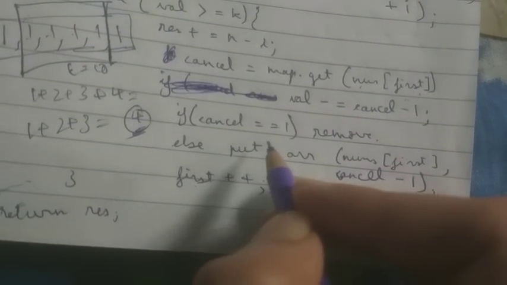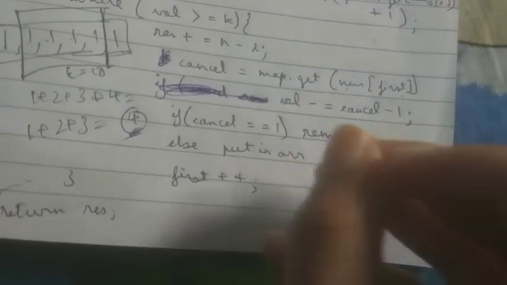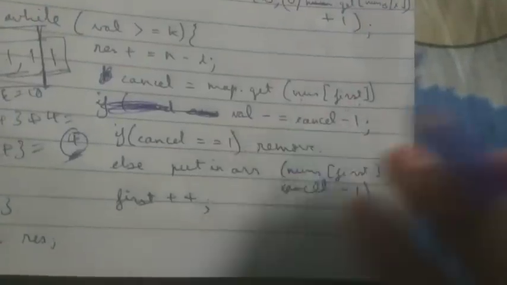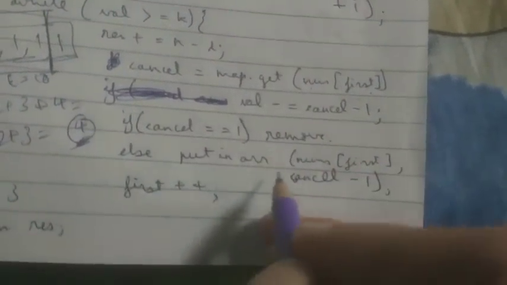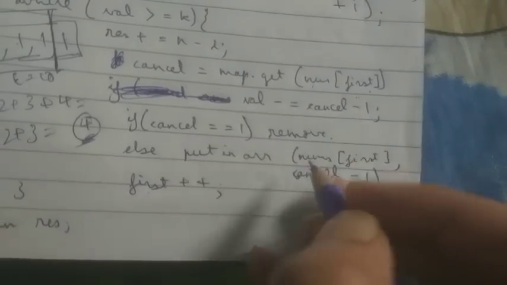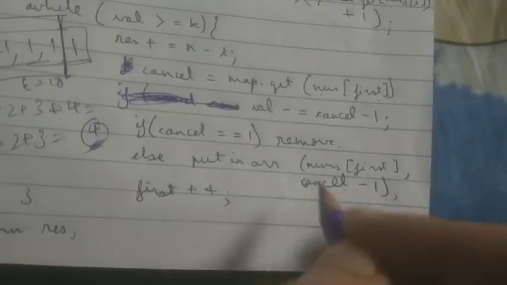Now if cancel is equal to 1, we can remove it, because we don't need to keep the frequency if it's 0, right? We can remove it directly. So if cancel is equal to 1, then remove the mapping, else put in the map nums[first] and cancel minus 1, that is decrease its frequency by 1, because we are going to cancel out the first element.